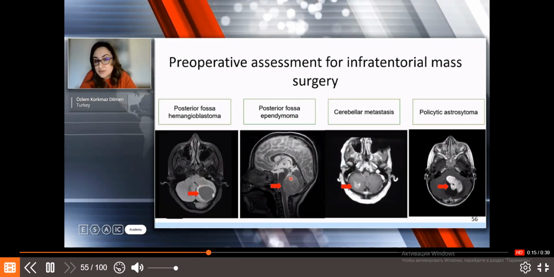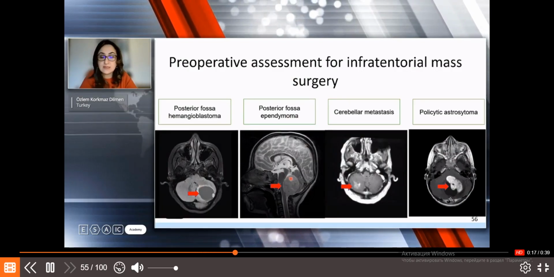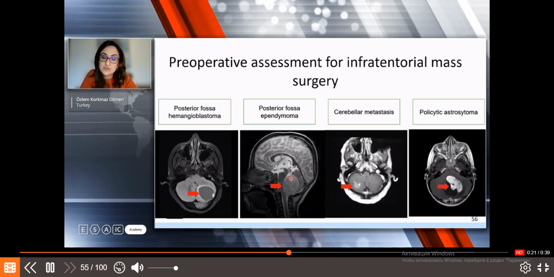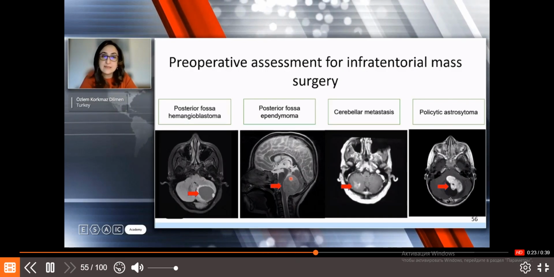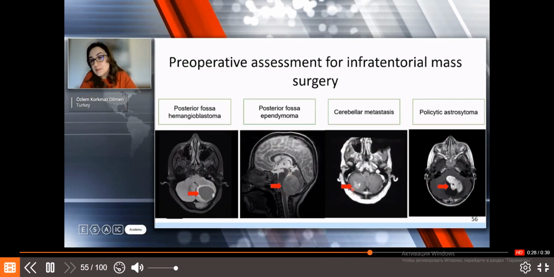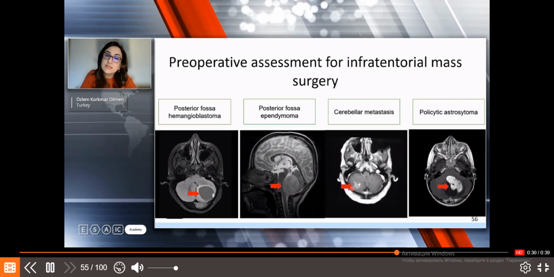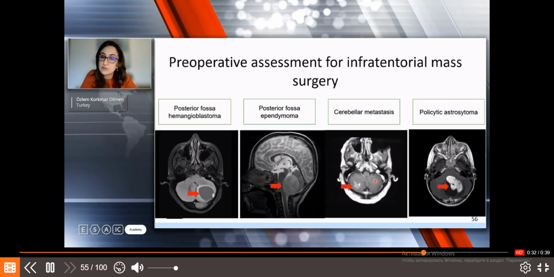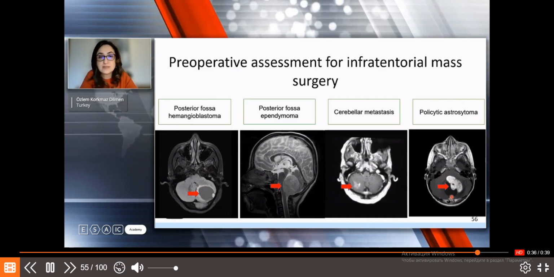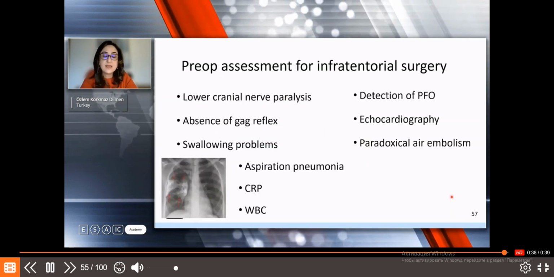Some of them are children in infratentorial tumor surgeries. Generally they would be kids, such as posterior fossa ependymoma, cerebellar metastasis, and polycystic astrocytoma undergoing infratentorial craniotomy.